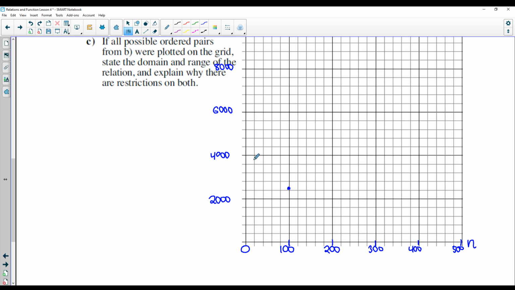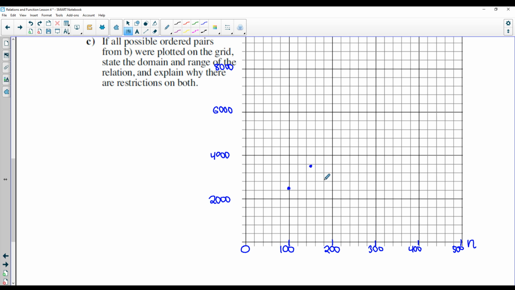Then the next point is 150 and 3,500. So 150 is halfway between 100 and 200. And then we've got 3,500. Then we're probably about right here.